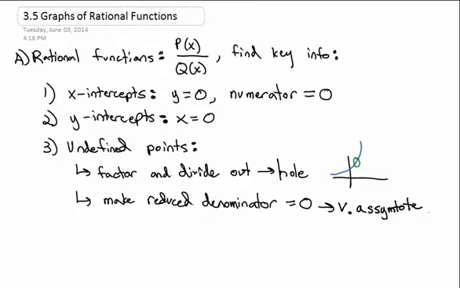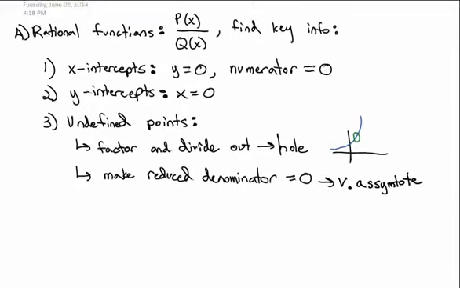Because the fraction can never have 0 in the denominator, it's going to give us an undefined point, which will either be a hole that divides out, or more often a vertical asymptote that the graph is going to grow closer and closer to. So those are our undefined points.